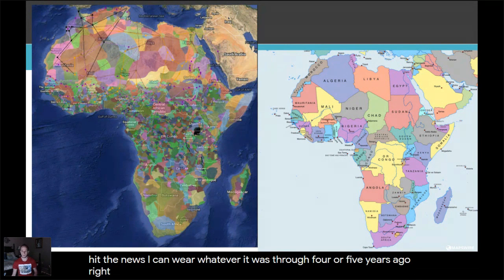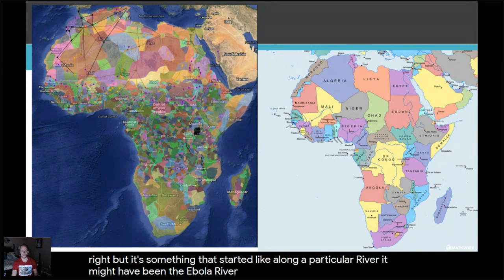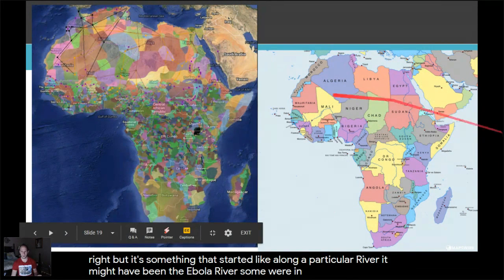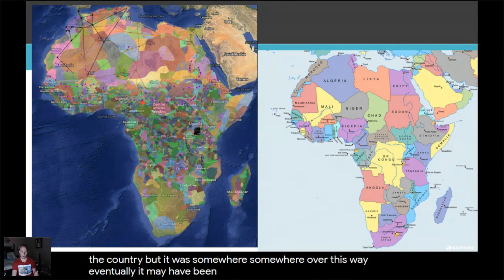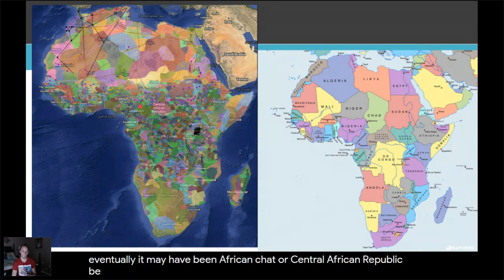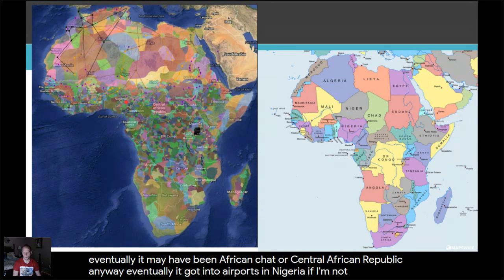It started along a particular river, it might have been the Ebola River, somewhere in Africa, Chad or Central African Republic. I'm not going to know the country. But eventually it got into airports in Nigeria, if I'm not mistaken. I hope I'm right about these countries.